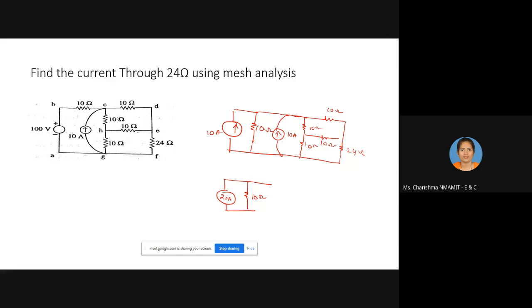Parallel with that, you will have 10 ohm. Convert that into a voltage source, that is 200 volt in series with 10 ohm.